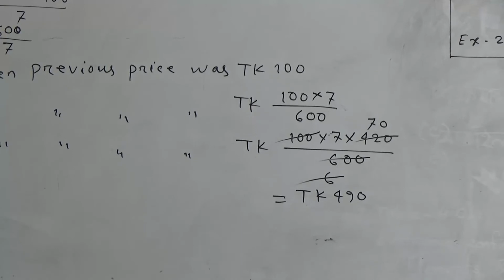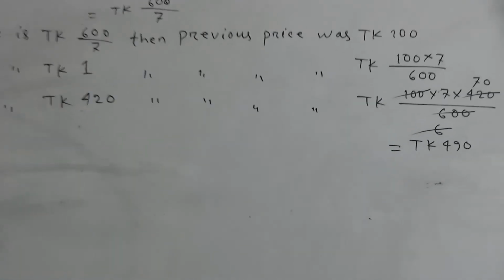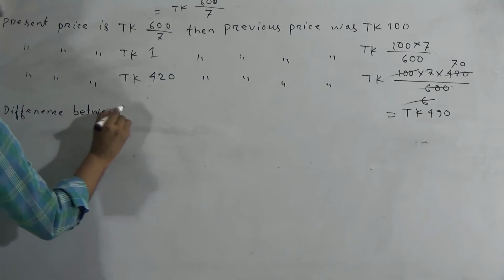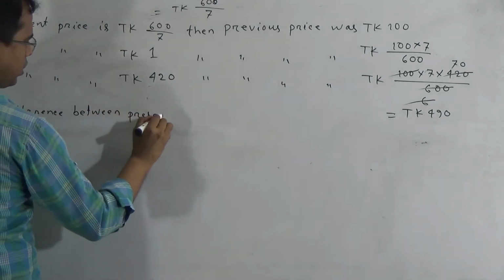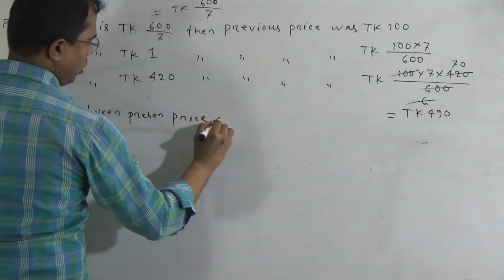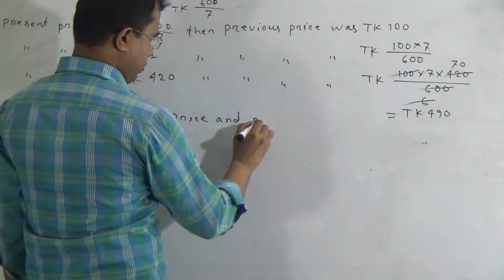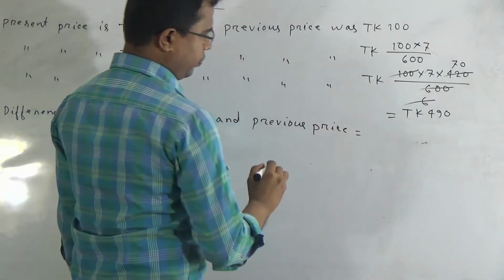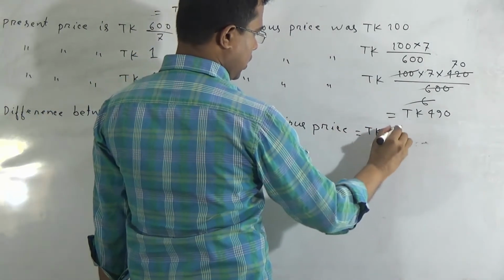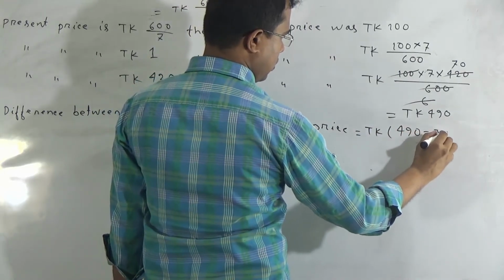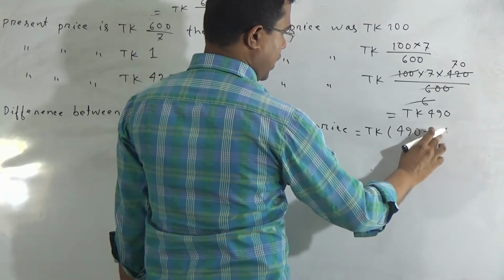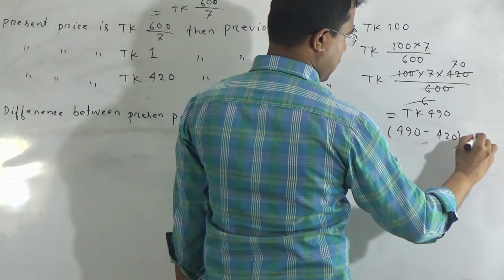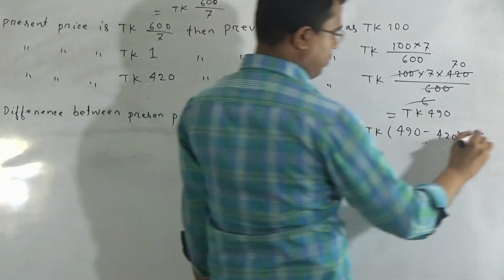Therefore, the difference between present price and previous price is equal to TK 490 minus 420, and this is equal to TK 70.